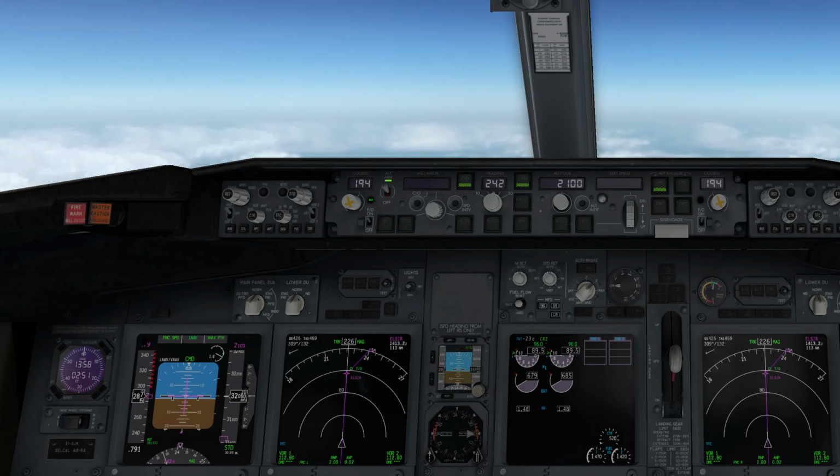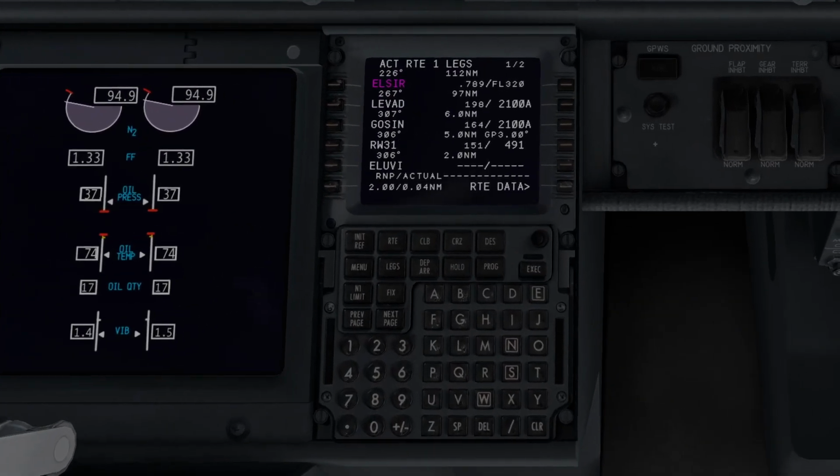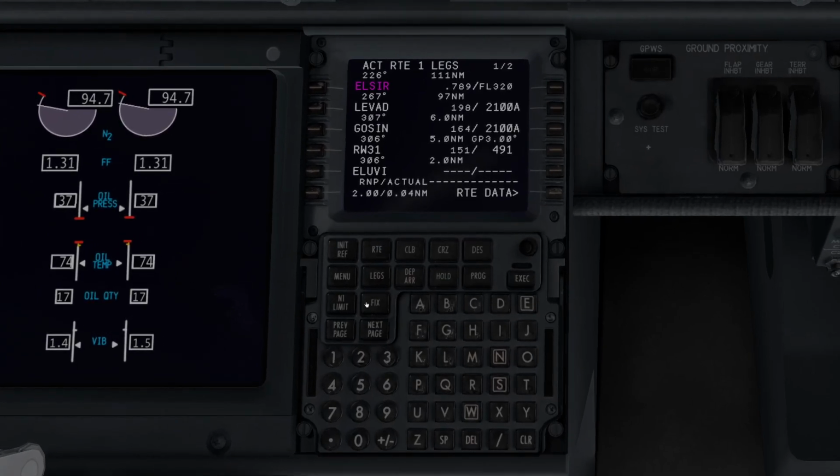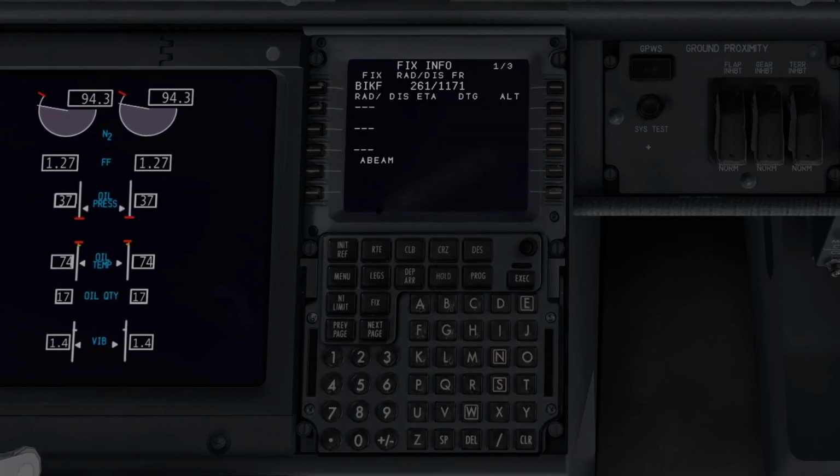So since the pushback, we have 2 hours 51 minutes passed. On the FMC, what we can also do is some range rings around runway 31.